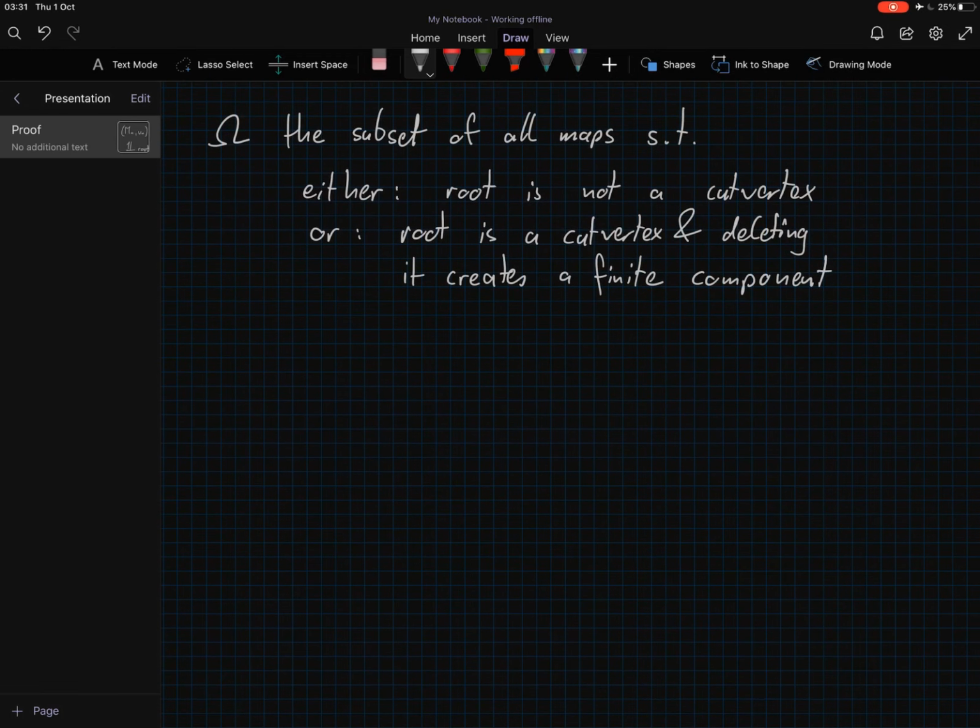Now, suppose we can show that M infinity lies almost surely in omega.